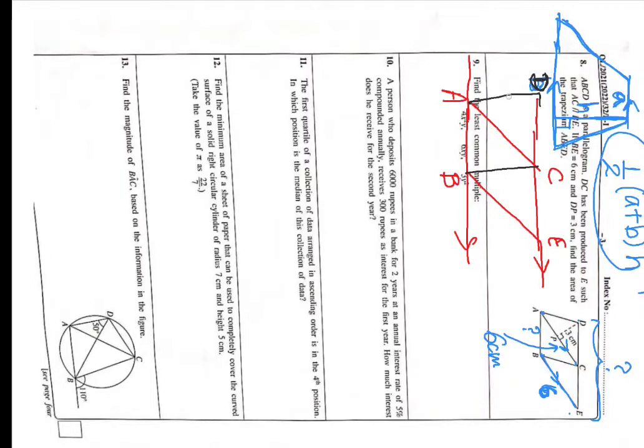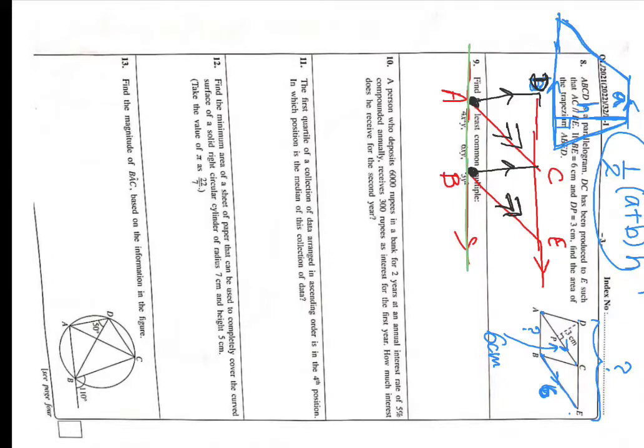So both parallelograms are between AB and CE parallel lines. Then the area of both parallelograms are equal. That is a rule. If we can construct two parallelograms with the same base, AB is the base, between two parallel lines, these two are parallel.